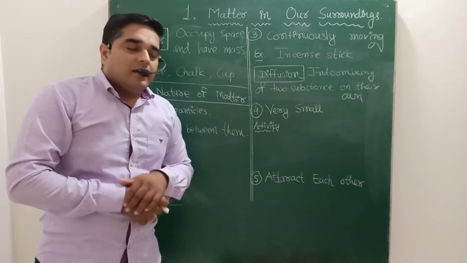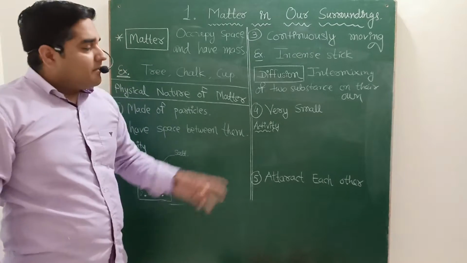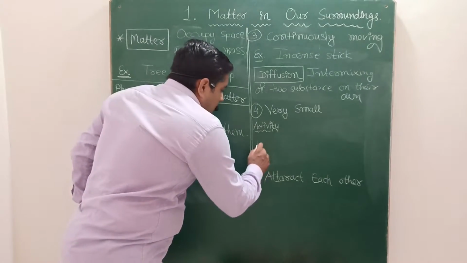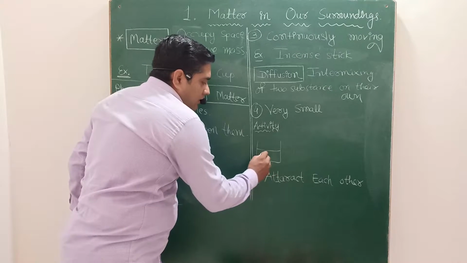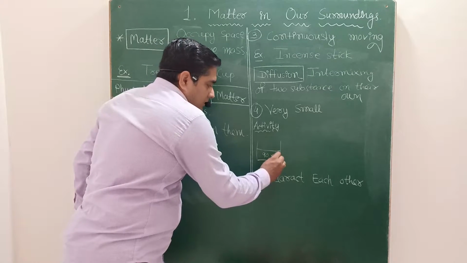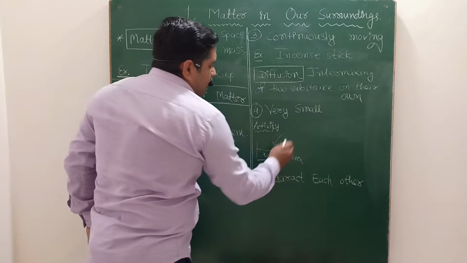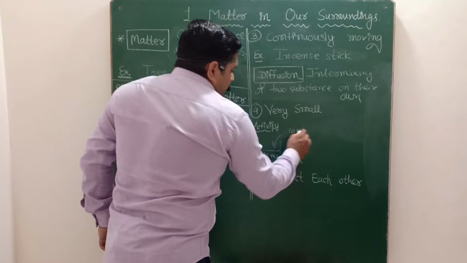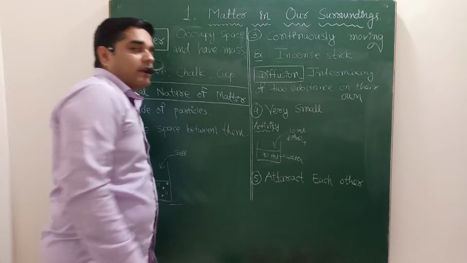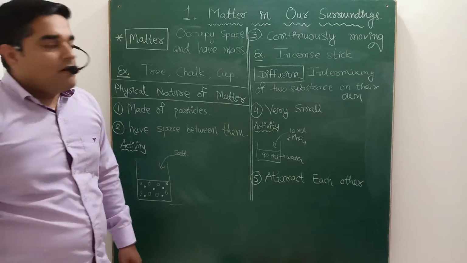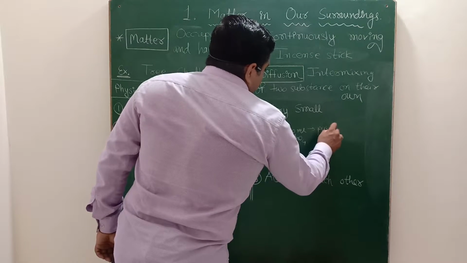Fourth point: the particles are very small. Let's see by one activity. Take a beaker and pour 90 ml water. Then add 10 ml KMnO4, which means potassium permanganate, which is purple in color.